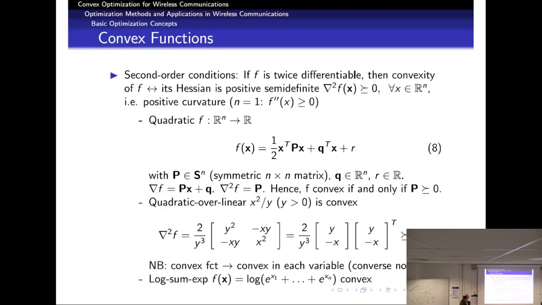And how can you show that? If you take the first order derivative of f, you're going to get rid of x here. If you take the second order, all these terms will be gone, getting rid of x here and getting rid of x there, and you're going to be left with P. So your second order derivative, or the Hessian of f, will be P. And if P is positive semi-definite, then the Hessian will be PSD, and in that case this function will be convex.